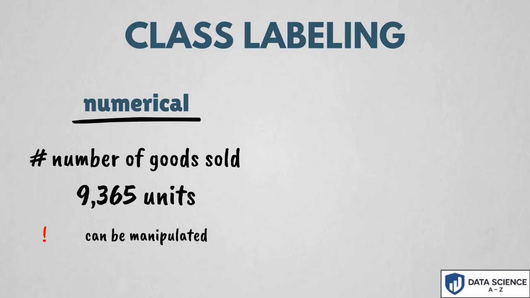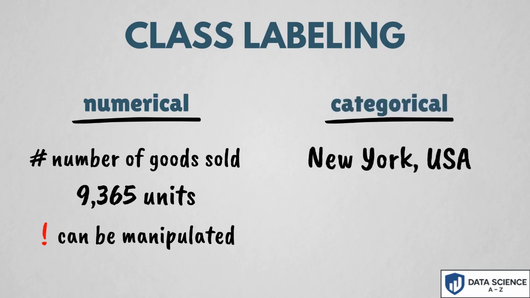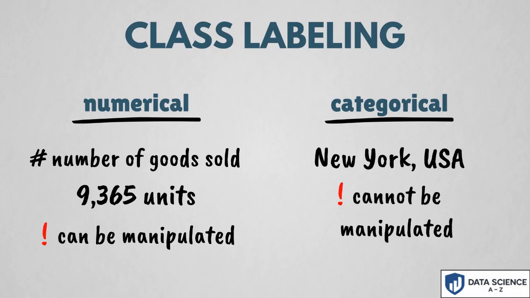These are numbers which can be manipulated, such as the average number of goods sold per day or month. The other label is categorical. Here, you are dealing with information that cannot have mathematical manipulations. For example, a person's profession or place of birth, as this just provides information about them.